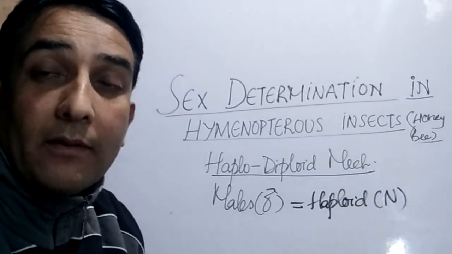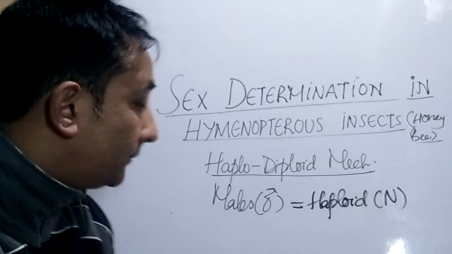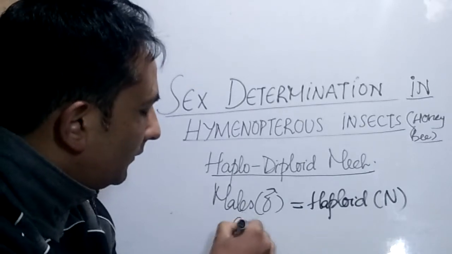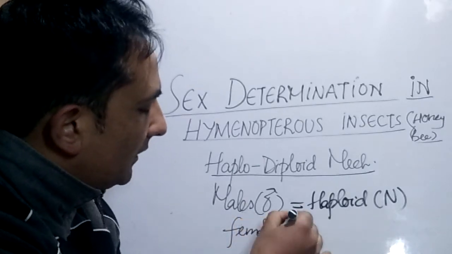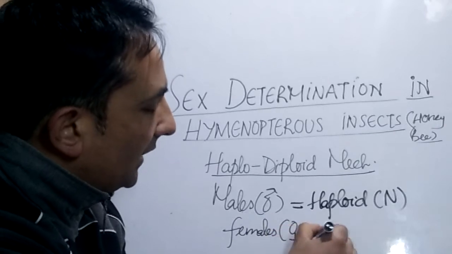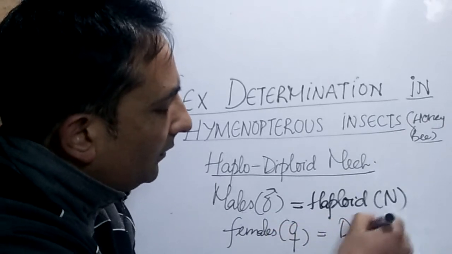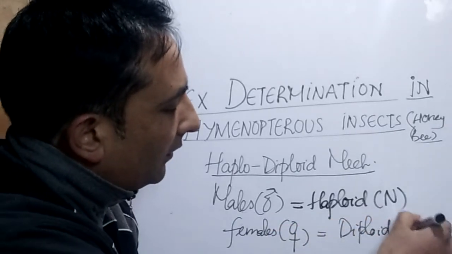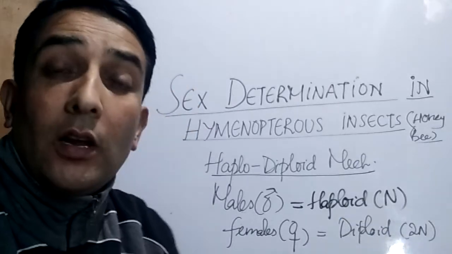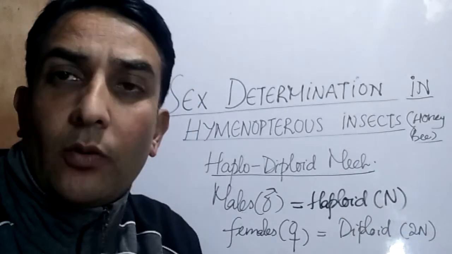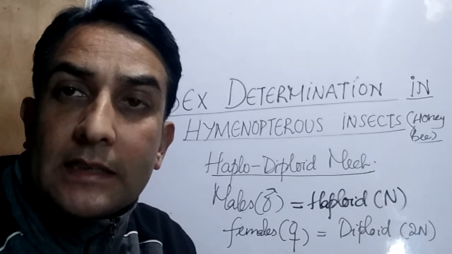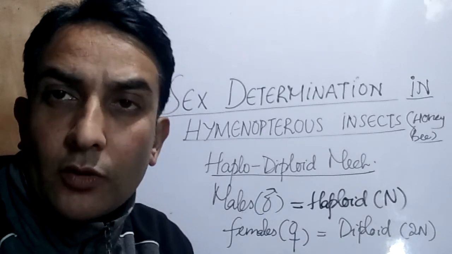The males are haploid, whereas the females are diploid. Female is represented by this sign. The females are diploid, represented by 2n. So here the sex is determined by the number of the chromosomes.